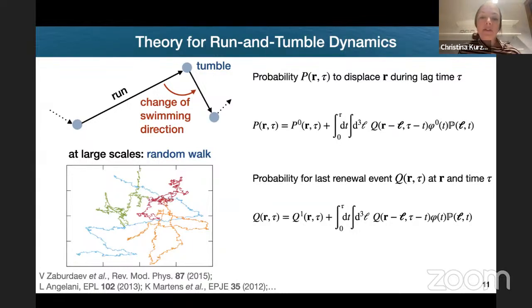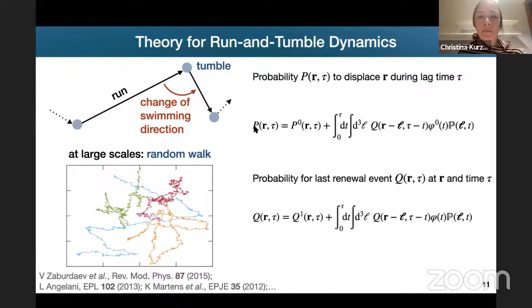Here you can see two equations. One is for P, the probability that the cell displaces a distance r during a lag time tau. The other is for the probability that a renewal event, in this case a tumbling event, takes place at the position r and the time tau.